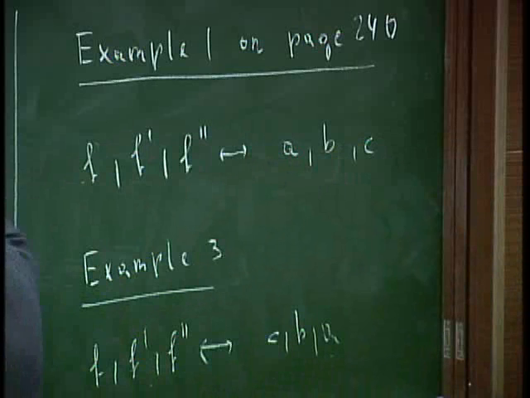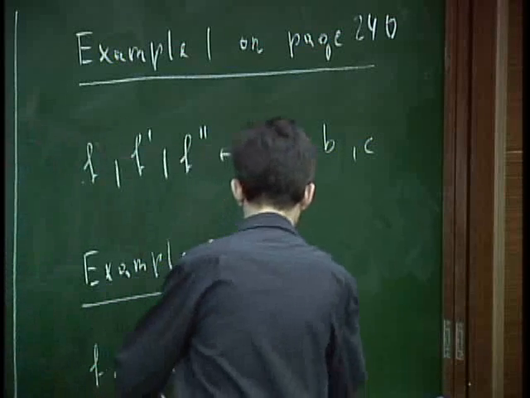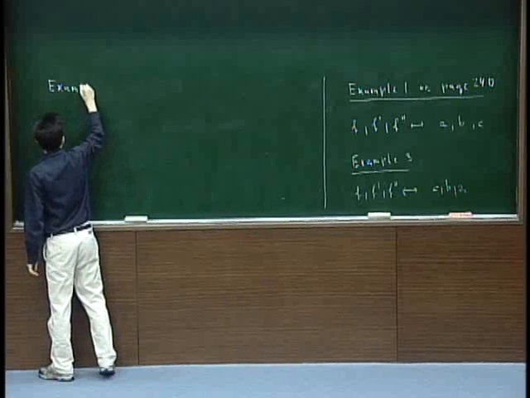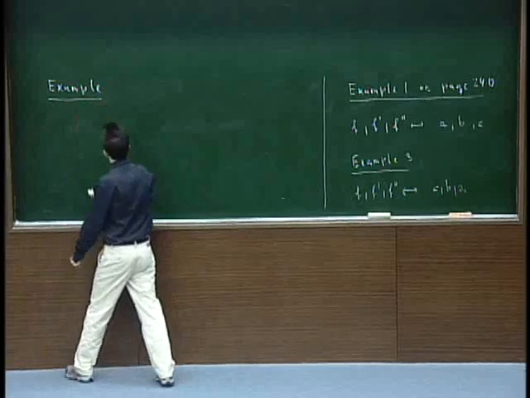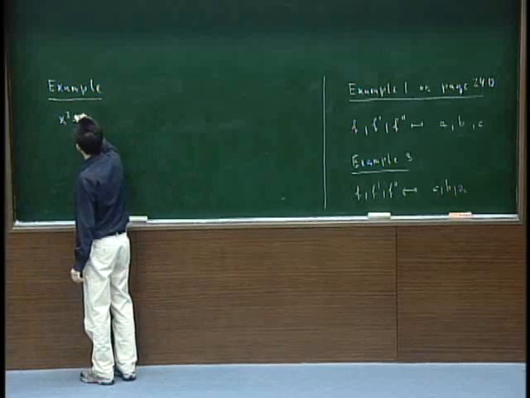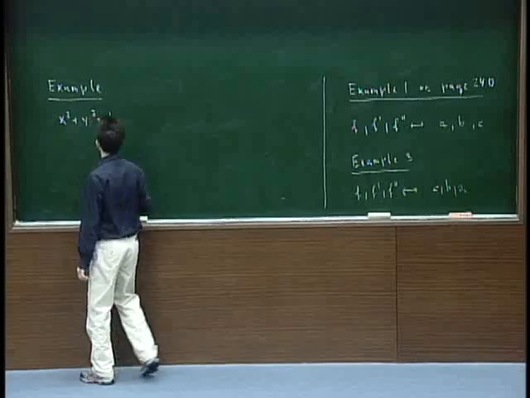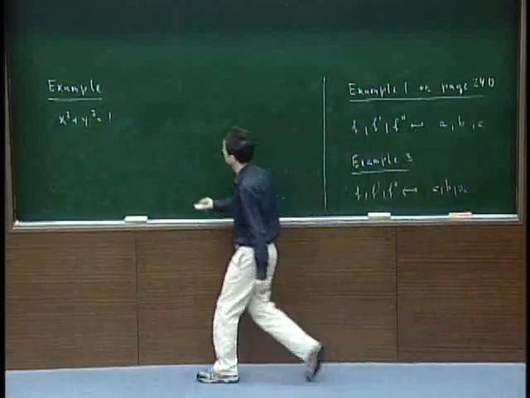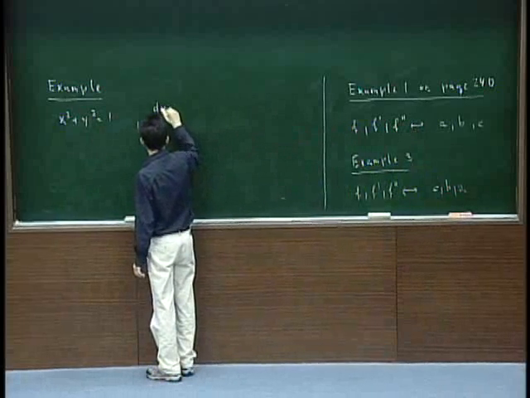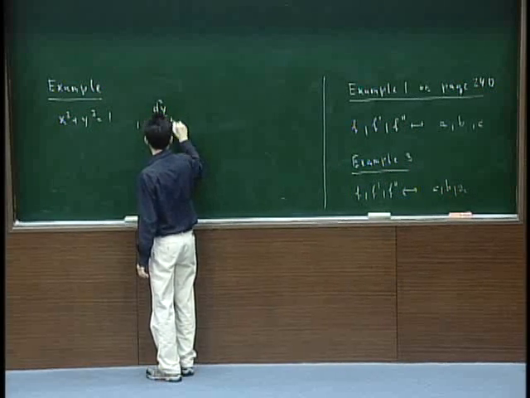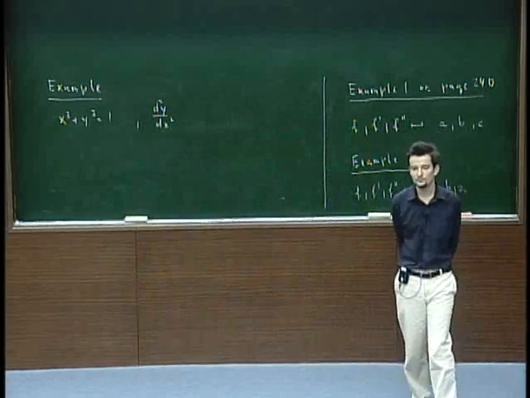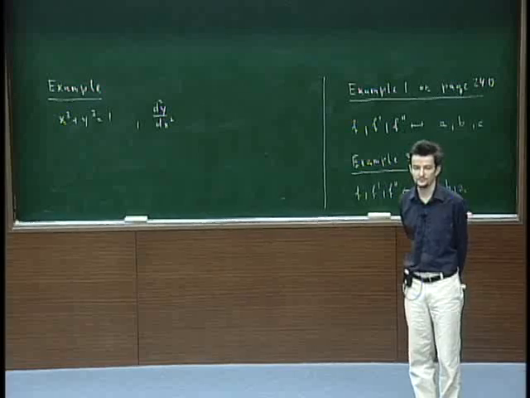Okay, so maybe let's compute some other second derivatives. For instance, if you have a function given implicitly by this equation here, and you want to know the second derivative, you can use again the method of implicit differentiation.